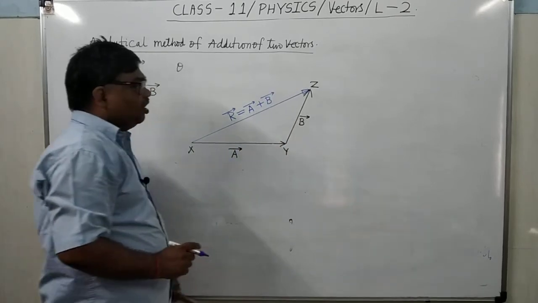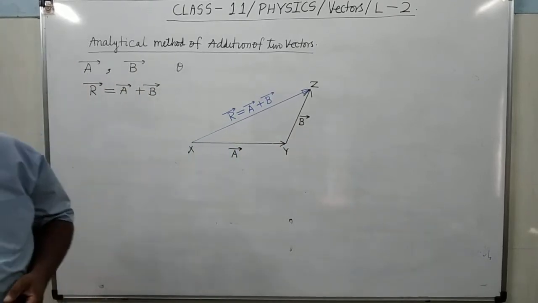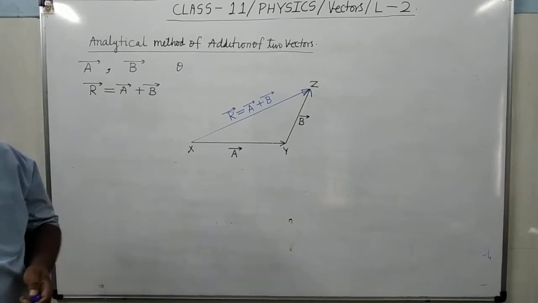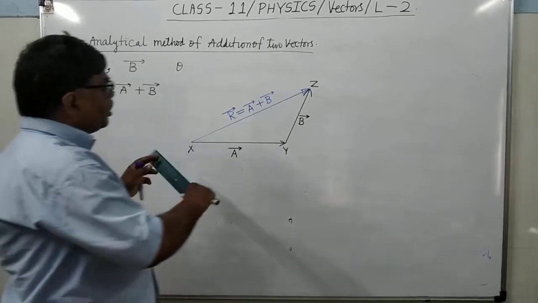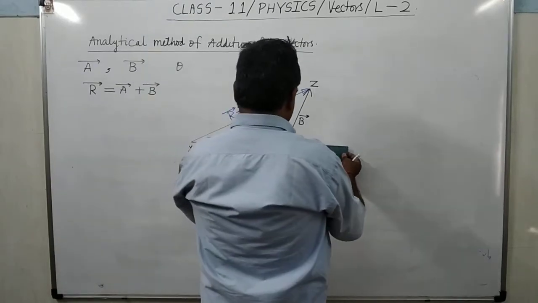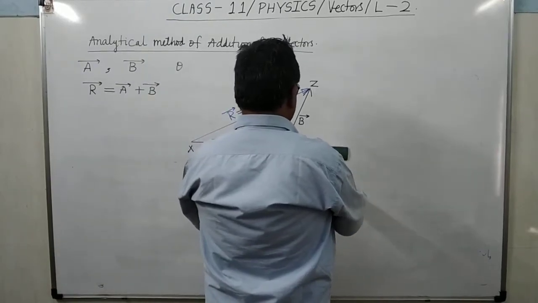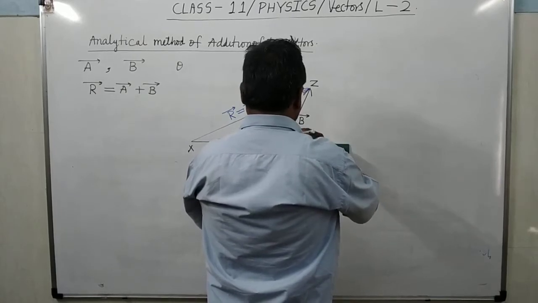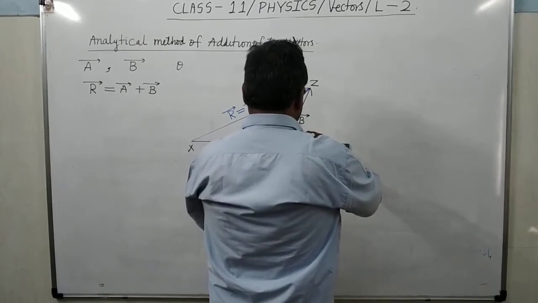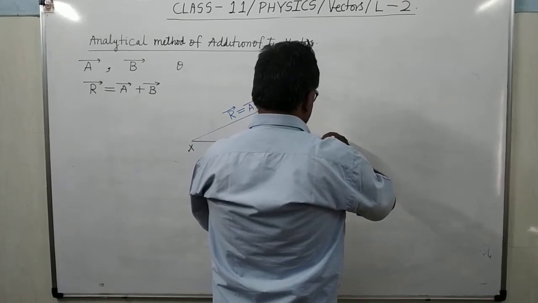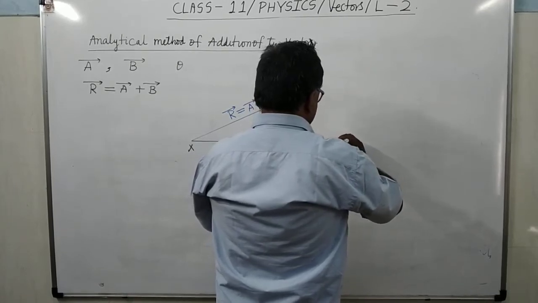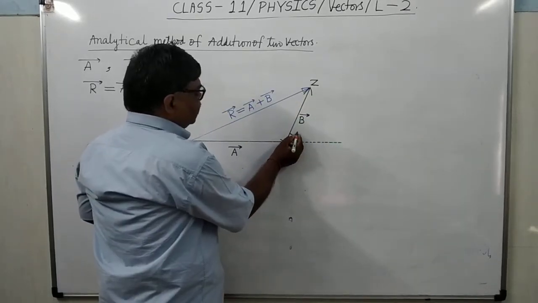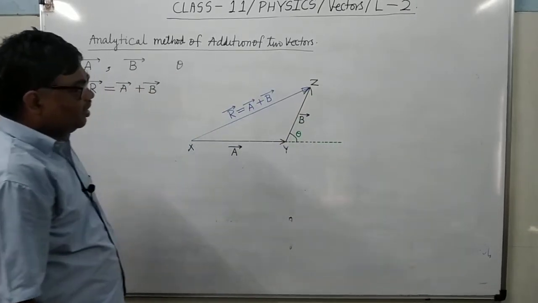Now see here, where is the angle theta? The angle theta will be this. I have already told you in what direction it is measured: the angle is measured in the anti-clockwise direction. So this angle is theta.